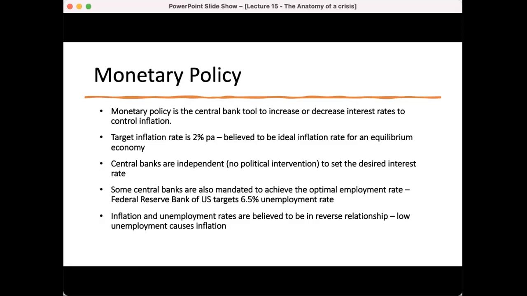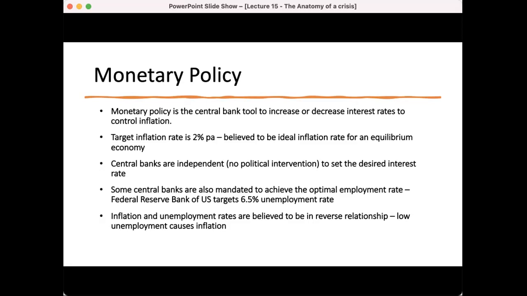There is a target inflation rate, which most central banks are mandated to try and achieve, which is 2%. And that's believed to be the ideal inflation rate for an equilibrium economy, notwithstanding the limitations in our concepts or our empirical observations that pertain to markets and equilibrium and so on and so forth.